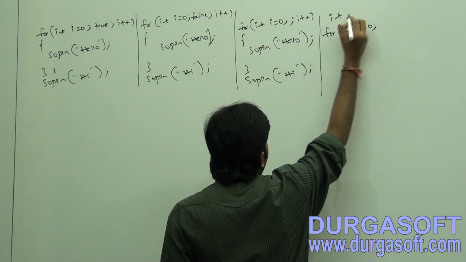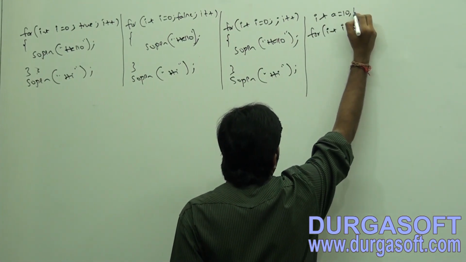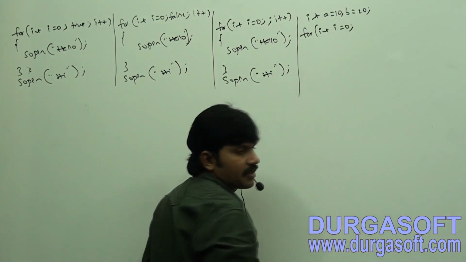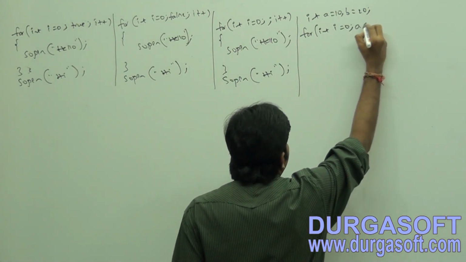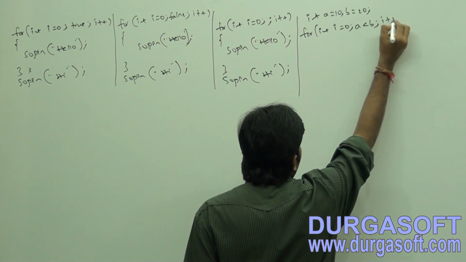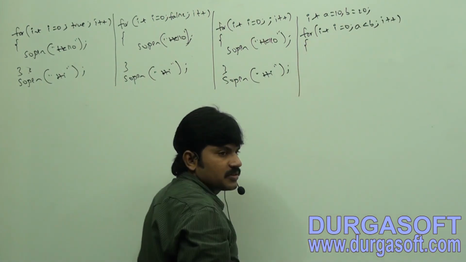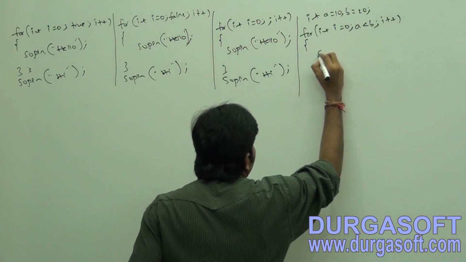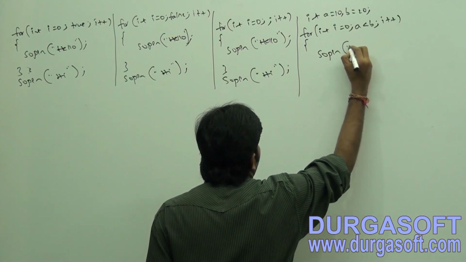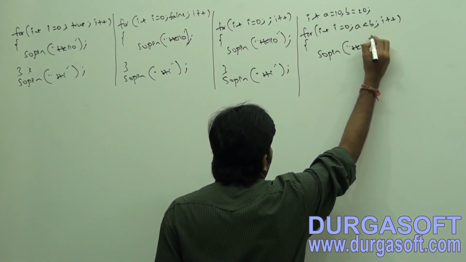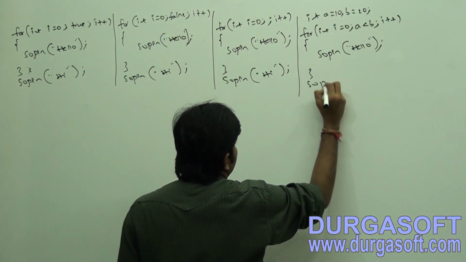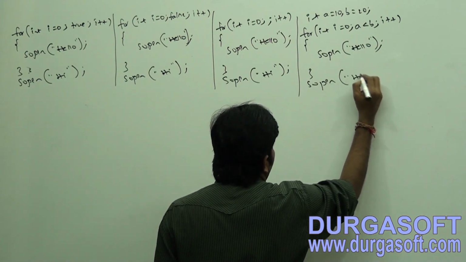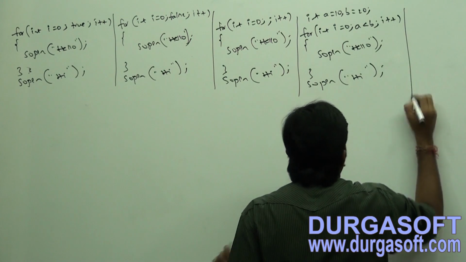Here int a = 10, b = 20 I am taking, and a is lesser than b, i++. For int i = 0; a < b; i++, System.out.println("hello"). Next System.out.println("hi"). Are you getting?